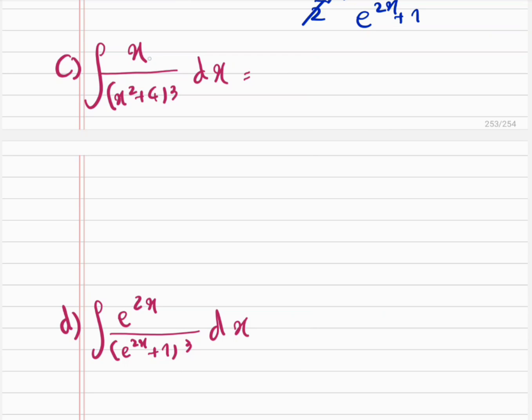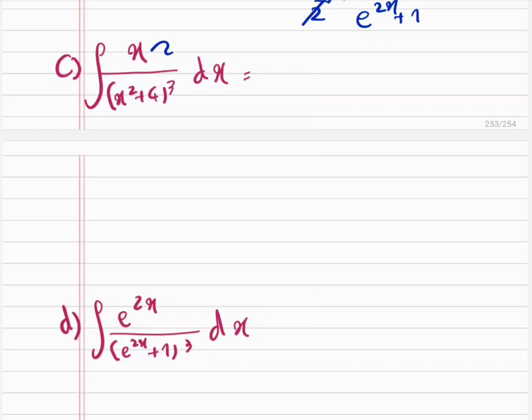So in this case we have x over (x squared plus 4) cubed, and essentially whenever we see functions in the form that we basically have a bracket that has a power, that's normally the case that we make an educated guess.